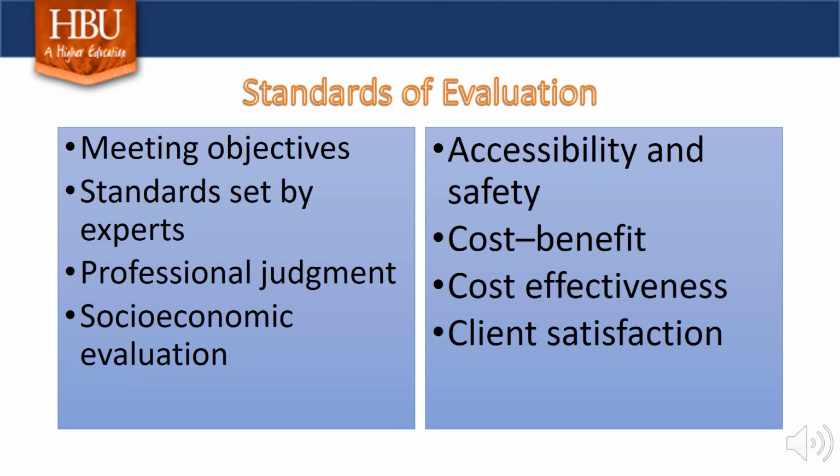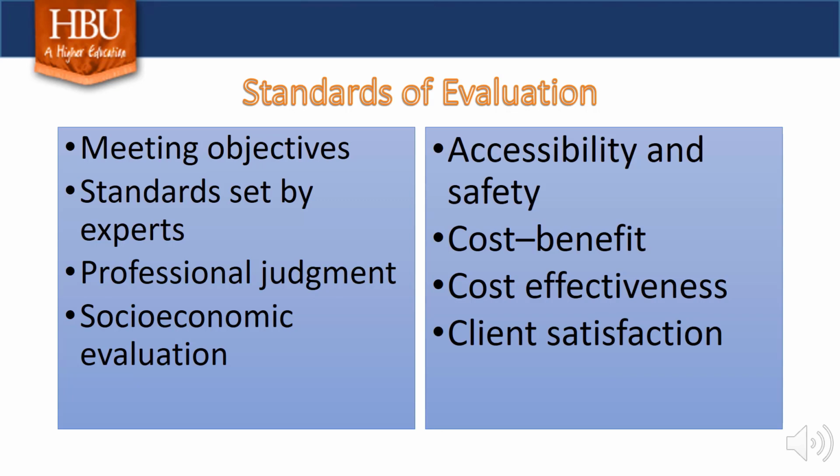Accessibility and safety. If a program is established for the benefit of the public or a specific segment of the public, it's necessary that the program be accessible and safe to those in that sector. Cost benefit. The essence of this standard is that the benefits accruing from a program should indeed exceed the cost of the program.